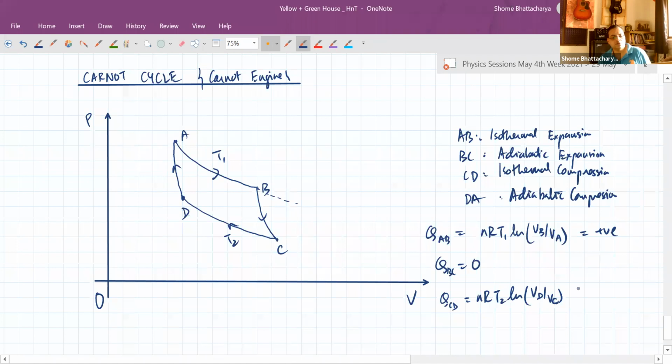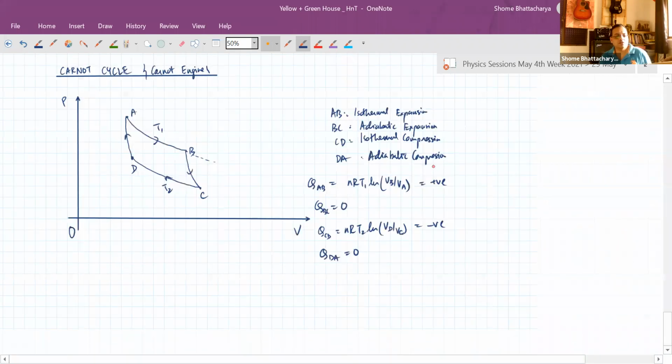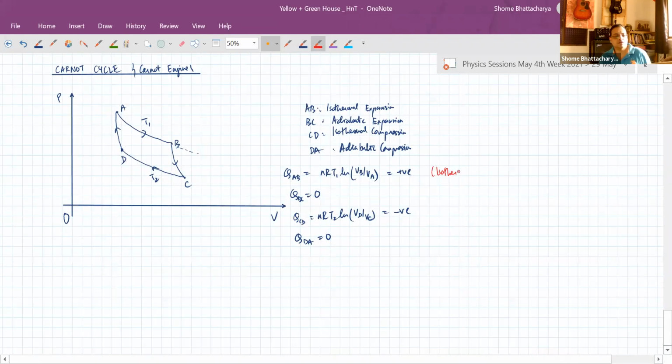Because again, this is an isothermal compression. And this will be a negative quantity because Vd is less than Vc. And finally, QDA will be again 0 because this is adiabatic. Okay. So given that this consists of two isothermal processes, isothermal expansion involves positive heat, isothermal compression involves negative heat or heat rejection, and these two are adiabatic, so zero heat exchange.